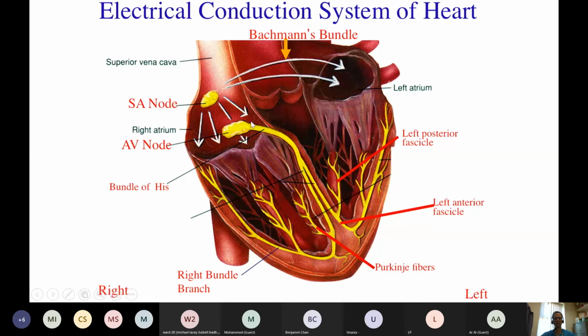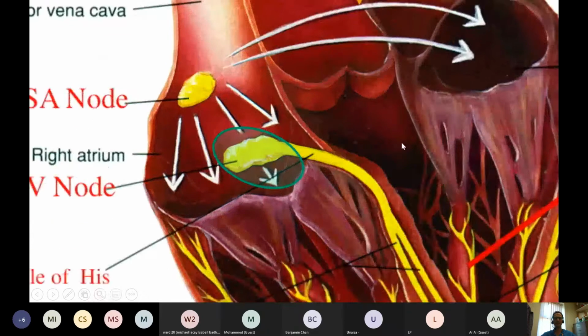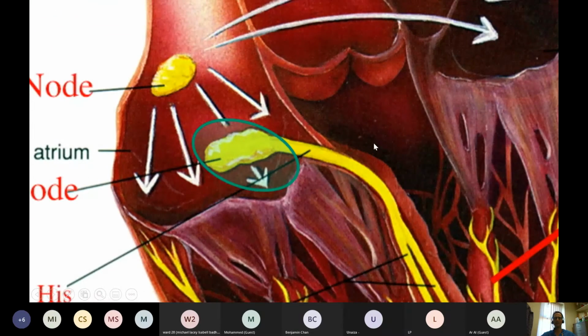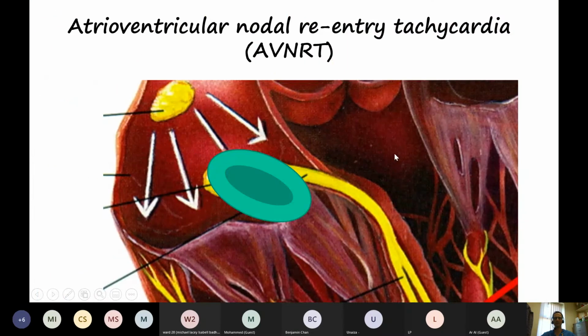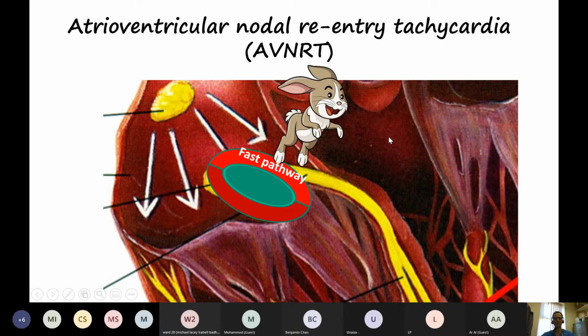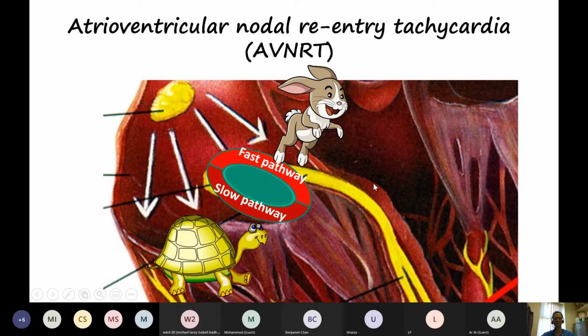Now, an AVNRT is all happening inside our AV node. And if we magnify that, what you have to think of is that there are two pathways through your AV node. There is a fast pathway, and I want you to think of that as a hare, and there is a slow pathway, which is, of course, a tortoise.